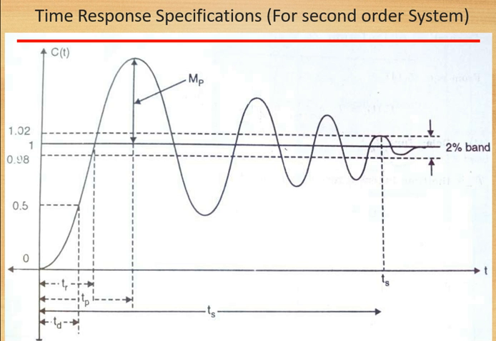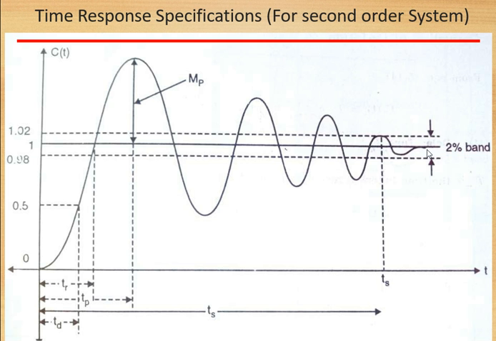Now one important thing I want to mention here is that while designing any control system, a second order system, it will be better for you if you get this band much smaller. It is written here that it must be from 2% to 5%, that is the definition of settling time, but it will be better if you get a smaller percentage.